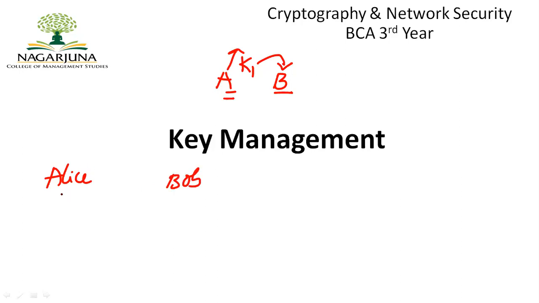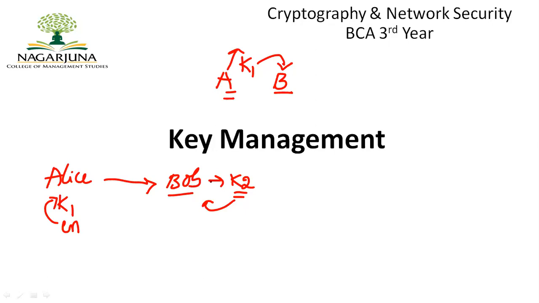Alice generates an encrypted message called EN using a key called K1. Now Bob does not make use of K1 to perform the decrypt operation. Bob has his own key called K2, and with the help of this K2, Bob decrypts the message sent from Alice. So this is what we call asymmetric key cryptography.